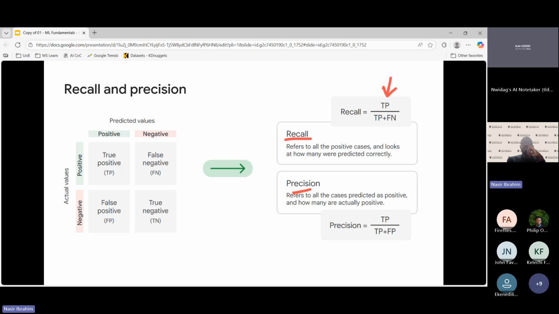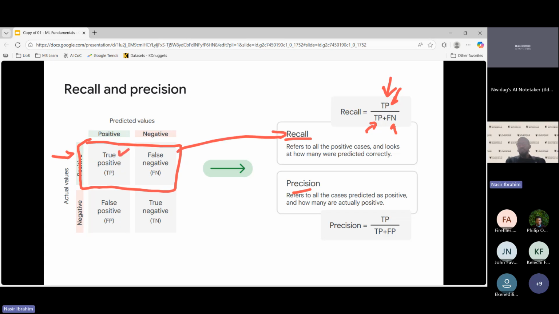The equation is you take the number of true positives and divide by the number of true positives plus false negatives. So out of all of the positive cases, how many were predicted correctly? That is what recall tells you.